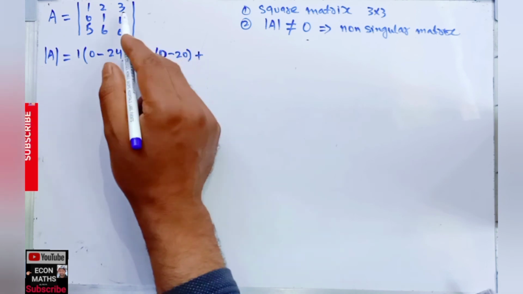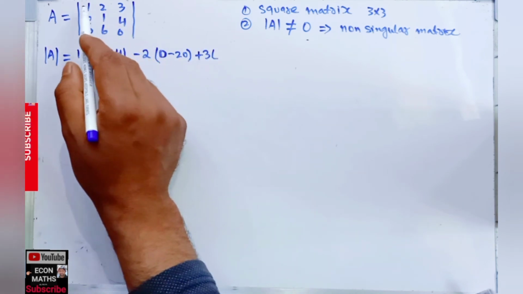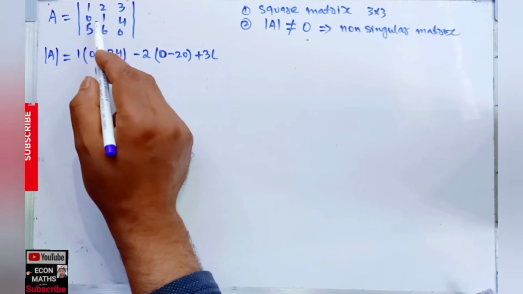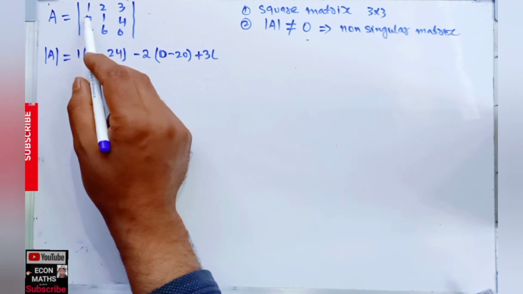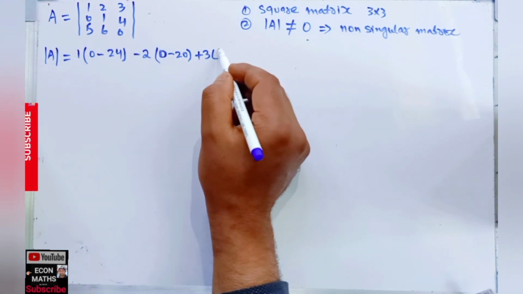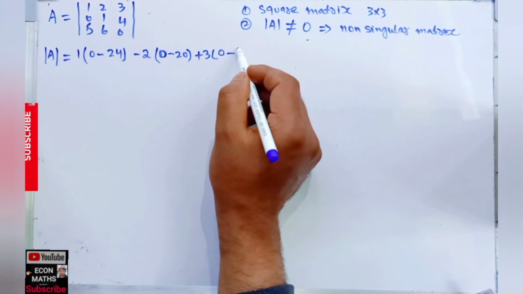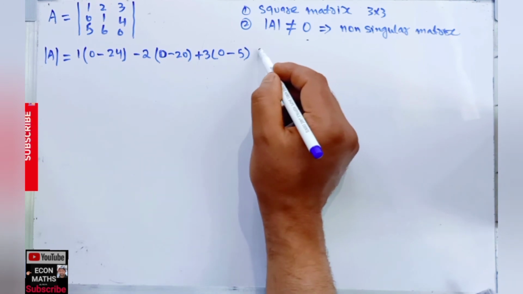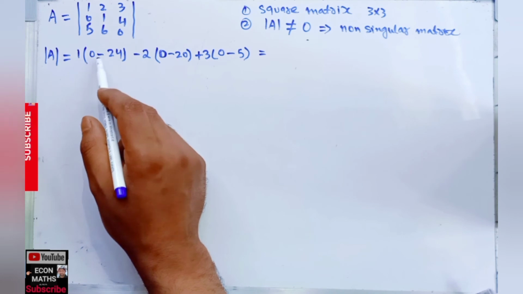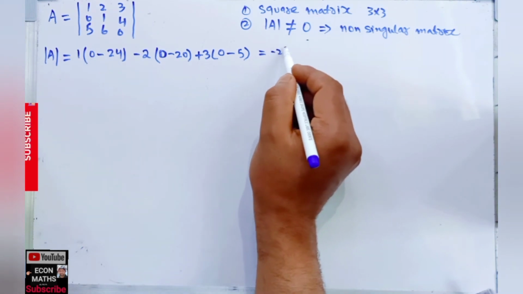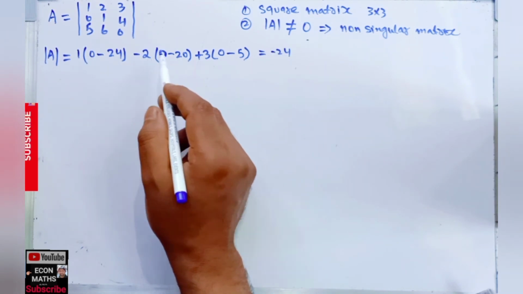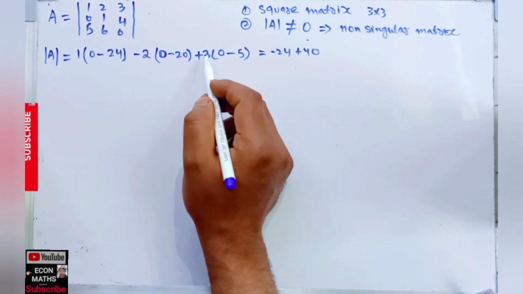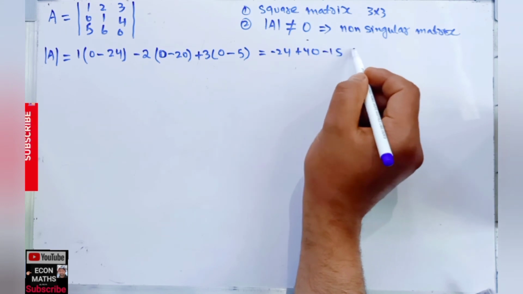Now plus this 3. Delete mentally the row and the column in which the 3 appears, then the determinant here is 0 sixes are 0 minus 5 ones are 5. Solving this, here it is minus 24 times 1, that is minus 24. Minus 2 into minus 20 is plus 40, and minus 5 times 3 is minus 15.